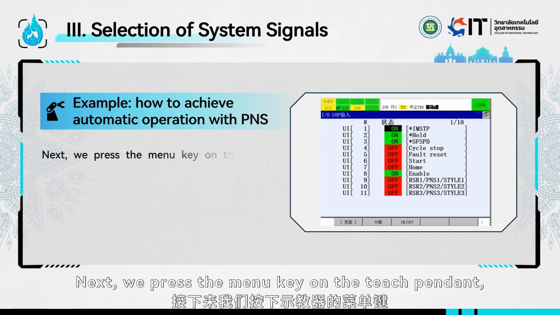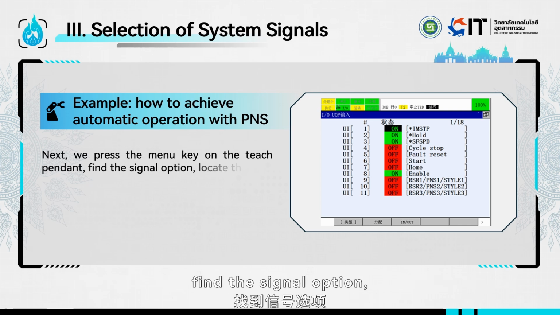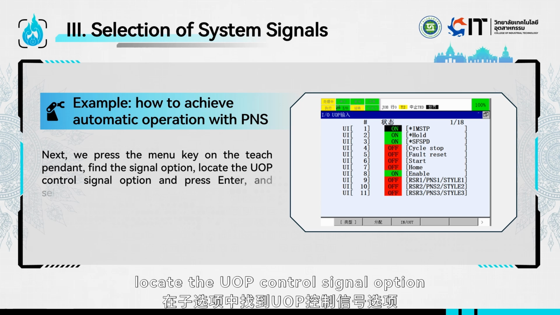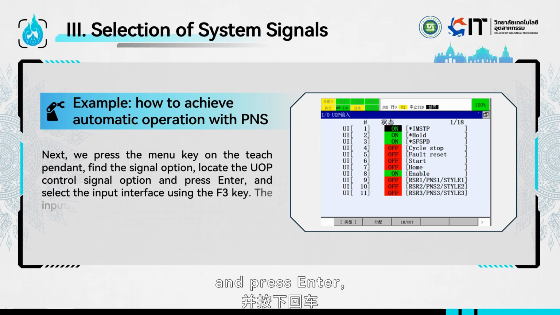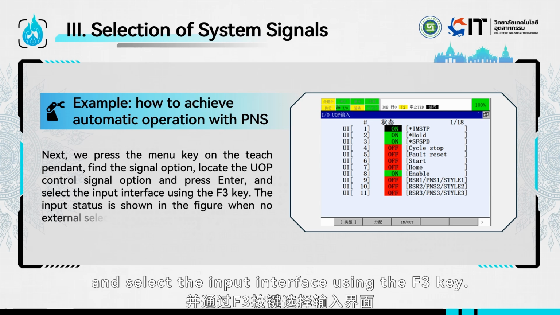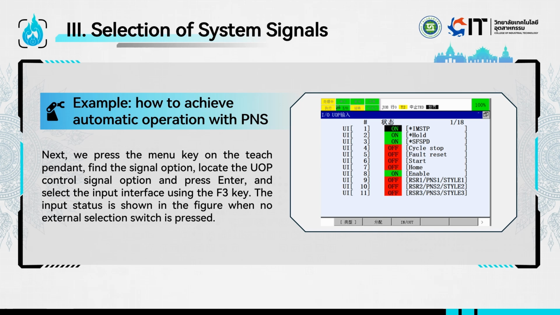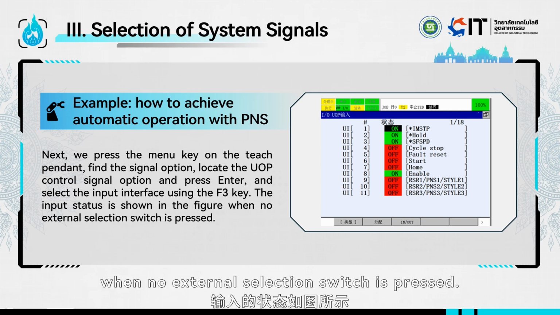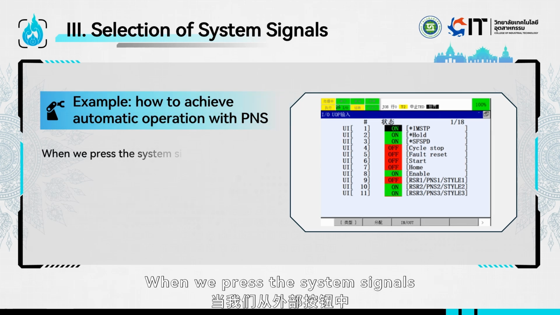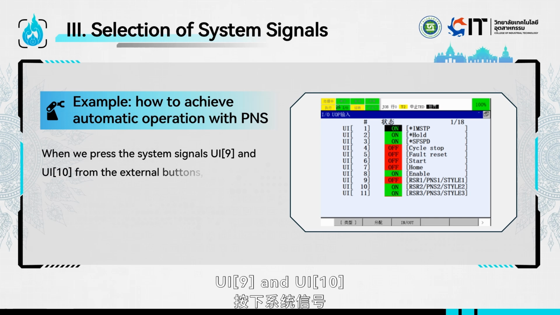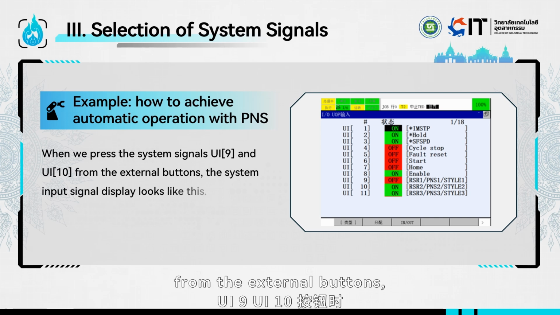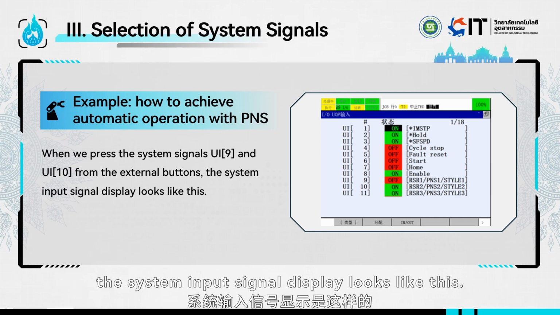Next, we press the menu key on the teach pendant, find the signal option, locate the UOP control signal option and press enter, and select the input interface using the F3 key. The input status is shown in the figure when no external selection switch is pressed. When we press the system signals UI9 and UI10 from the external buttons, the system input signal display looks like this.